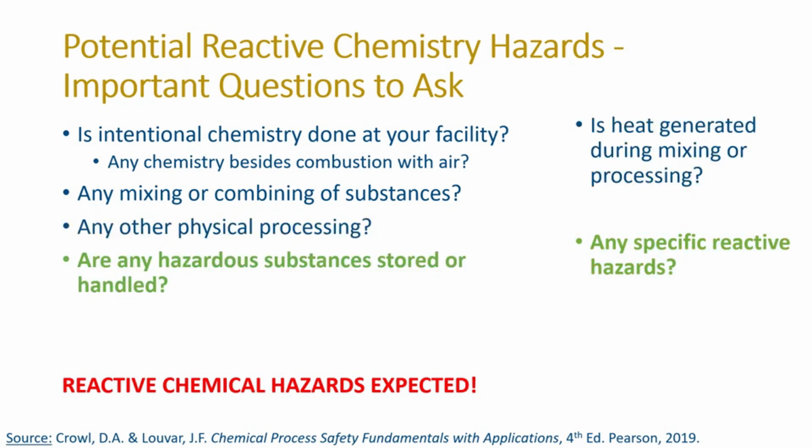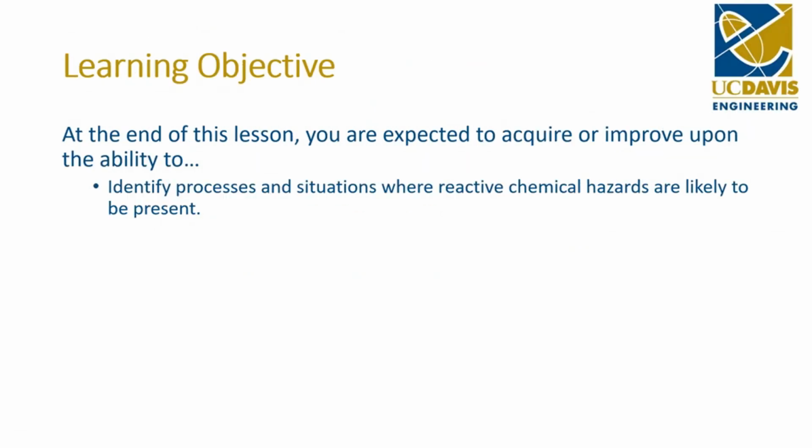A final situation where we'd expect reactive chemical hazards at the facility is if there are any hazardous substances that are stored and handled. So if we can answer yes to that question, and also answer yes to any specific reactive hazards associated with those substances that are being stored or handled, then again, we'd also expect there to be reactive chemical hazards that must be managed at our facility.